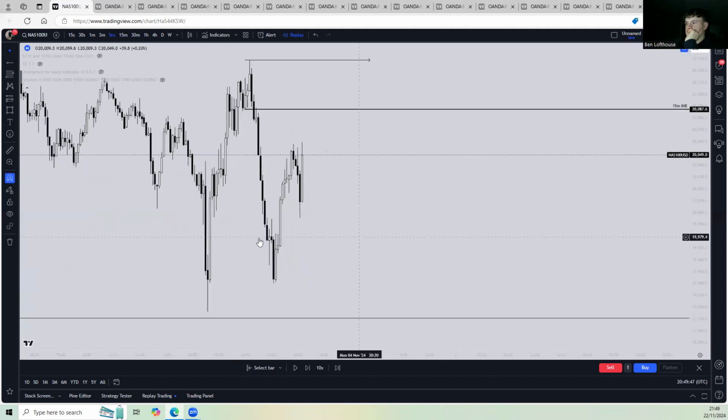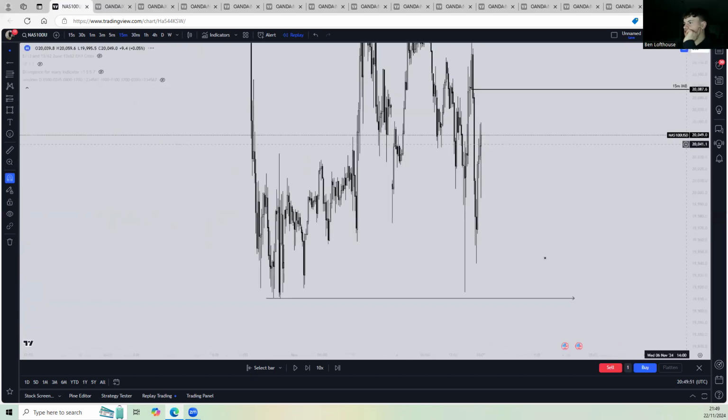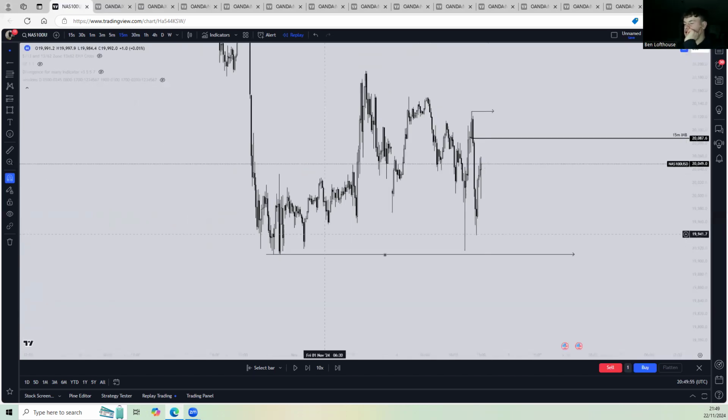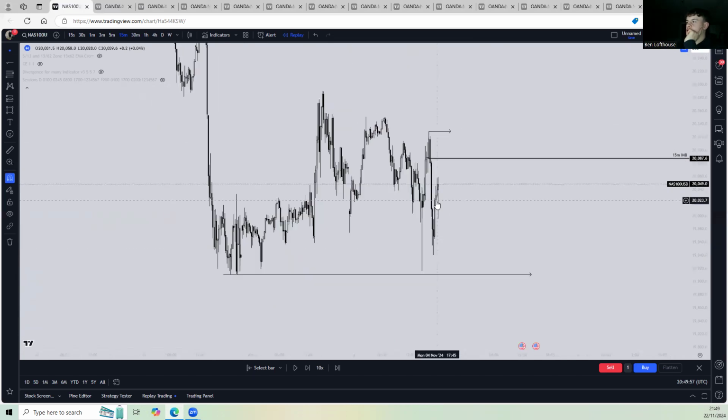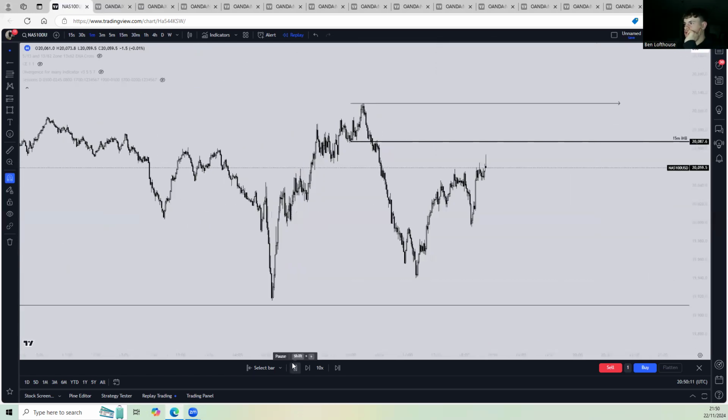Now, even though it hasn't broken this low, we have got a lot of imbalance here, liquidity here. So you would like price to push down, or if it is going to give you an indication that it's going to push down, to be in the sell. So we see that price pushes up.